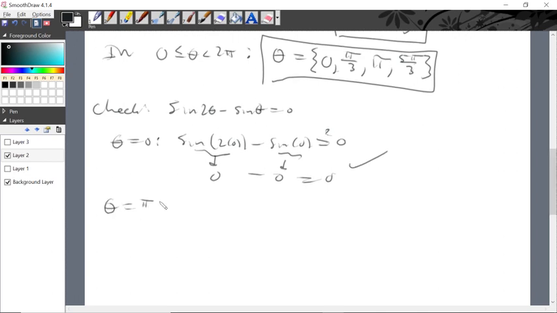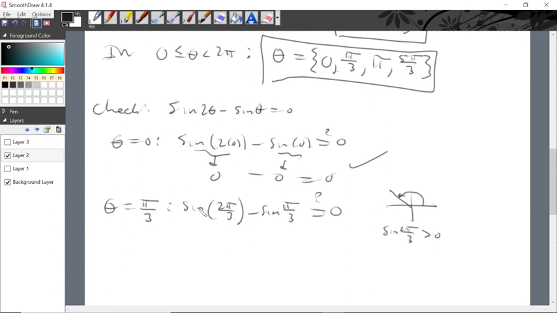What about for pi over 3? Sine of 2 times pi over 3 minus the sine of pi over 3, does that equal 0? Okay, 2 pi over 3 would be quadrant 2. In quadrant 2, the sine is positive. The reference number is pi over 3.